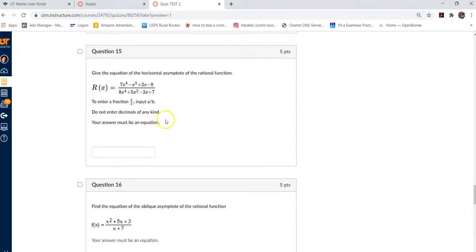All right, do we have a horizontal asymptote here? Well, the degree of the numerator is 4, and the degree of the denominator is 4. So there were a couple of cases you had to know.